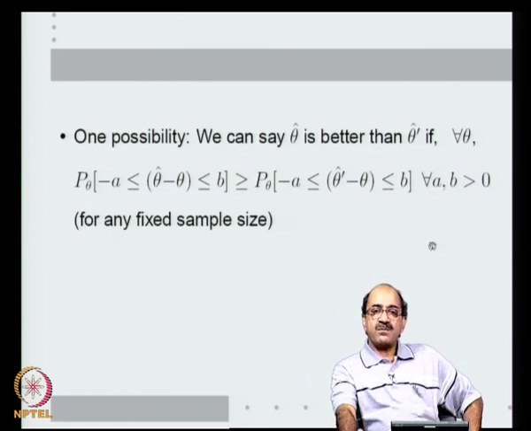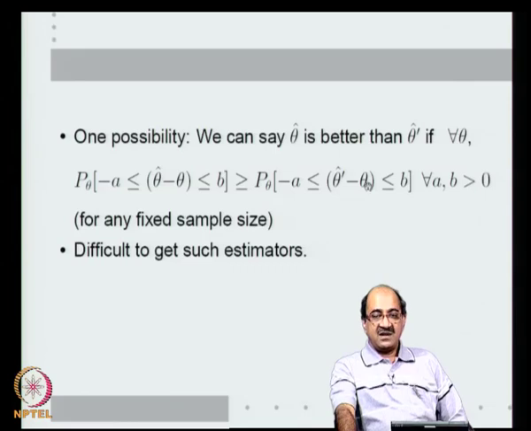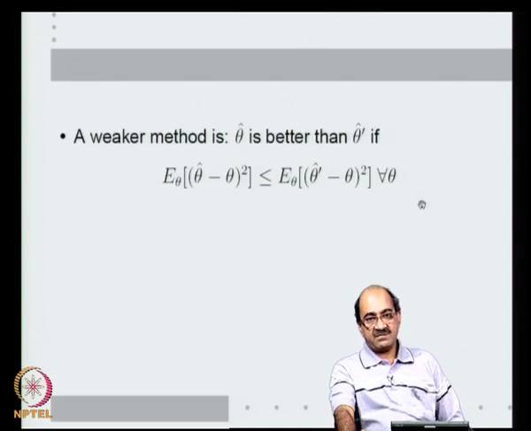No matter what my sample size is, no matter what accuracy level I want, no matter what values of a and b I give, theta hat is always more accurate than theta hat prime. If we can get this, this will be very good, and then I can always say theta hat is better than theta hat prime, but it is very difficult for any estimator to establish that level of superiority over any other. This means, for all sample sizes and all accuracies, one estimator is uniformly better than the other, right. That we may or may not be able to establish.